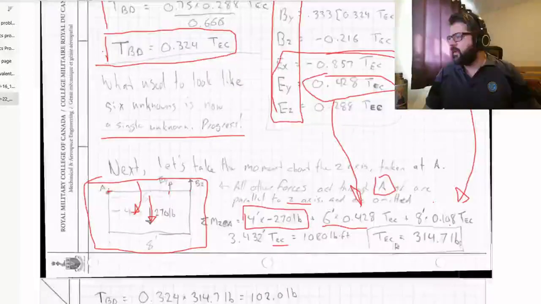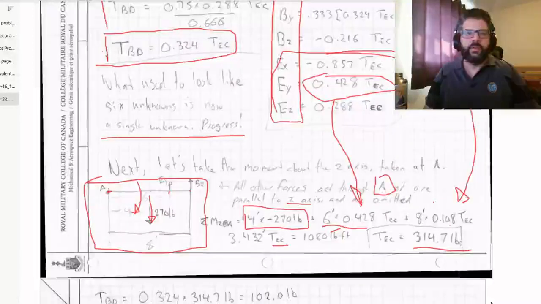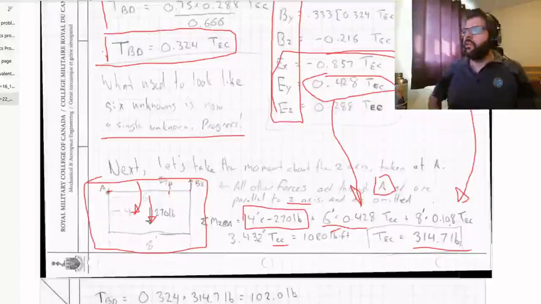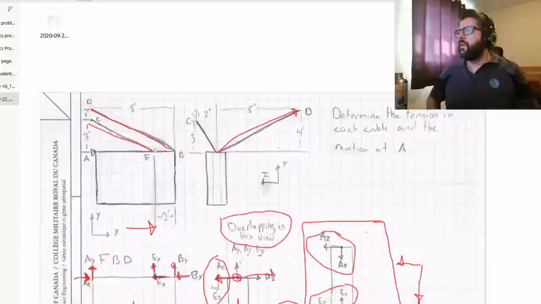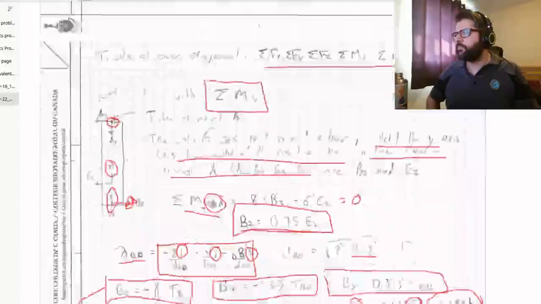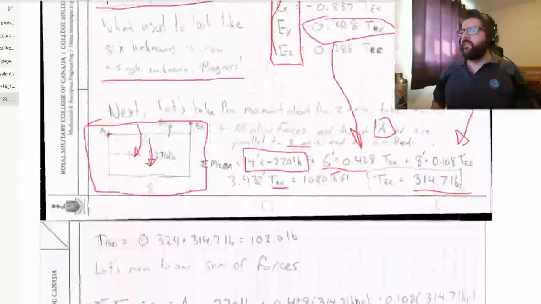We end up getting 180 pound-feet. So we can solve for TEC just by dividing by our 3.432 feet, and that gives us 304.7 pounds. That's the tension in this cable here. So we got that.